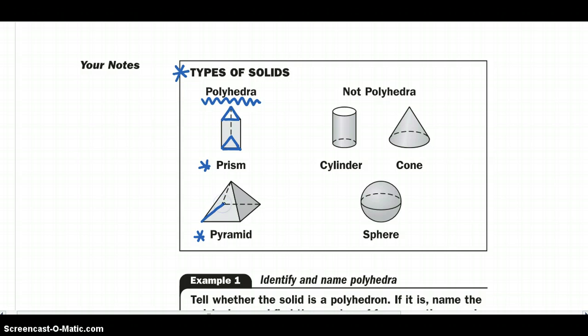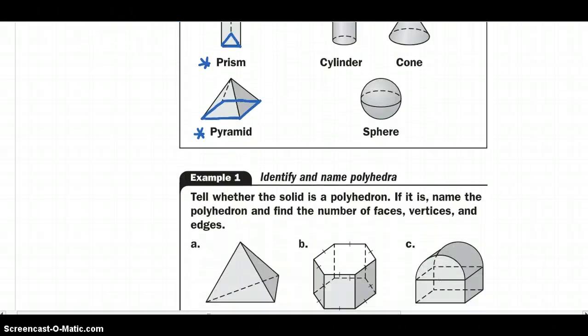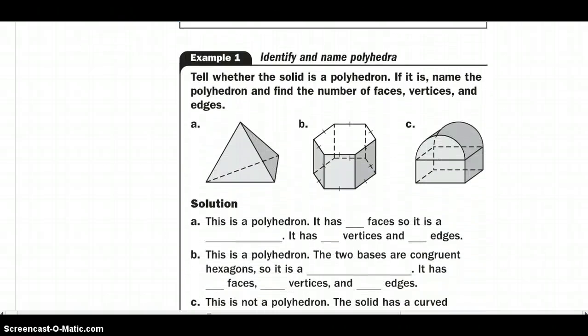Those are the two different types of solids that we'll look at. And then you can recognize which ones aren't polyhedrons by those three things. Again, we know that a circle is not a polygon, so the only polyhedrons we're going to look at are ones with polygons. Right, moving on to example 1, we want to tell whether the solid is a polyhedron. If it is, name the polyhedron and find the number of faces, vertices, and edges.